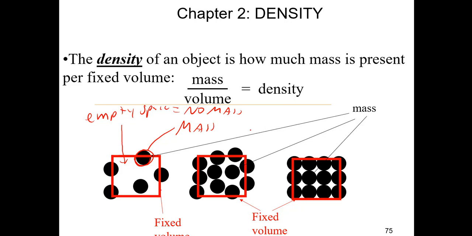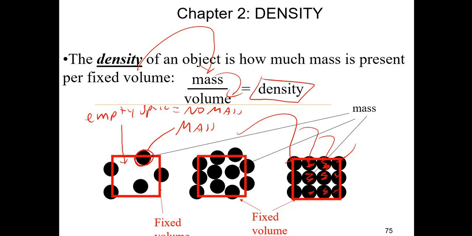So you should see a trend here. The more particles that we have in the fixed volume box, the more mass is present. So this takes us to our quantitative, our number definition of density. Density can be thought of as the total mass of a substance divided by the total volume. Ergo, it's density.